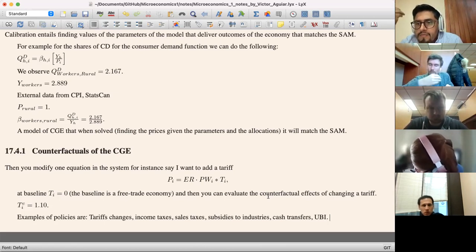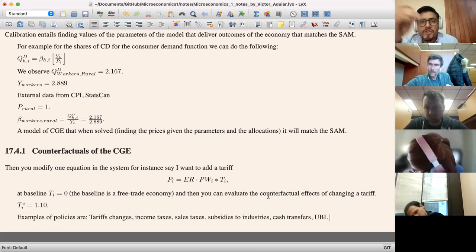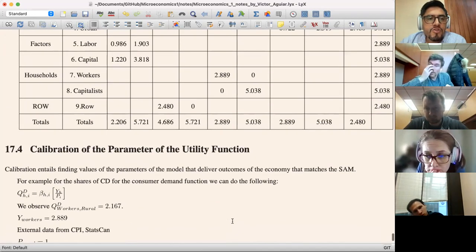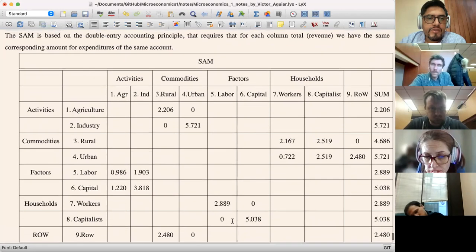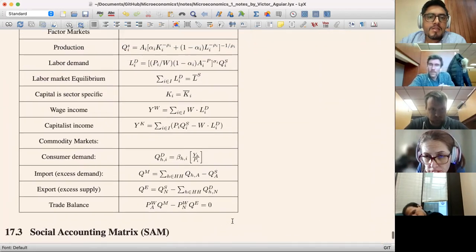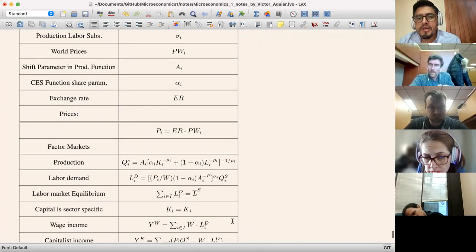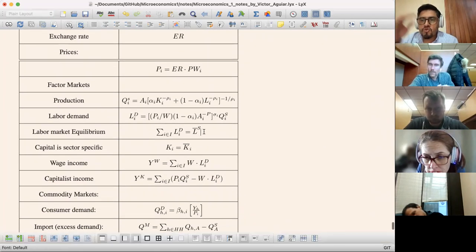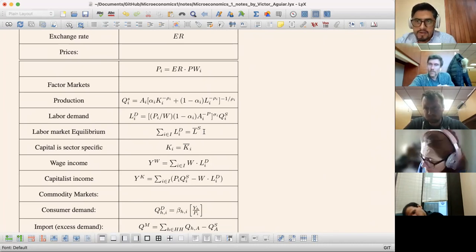People use it a lot, but again, I made some points criticizing it before. The main issue here is that this model does not have any strong theoretical backing for why we should use these particular parametric functions. The second issue is the calibration.